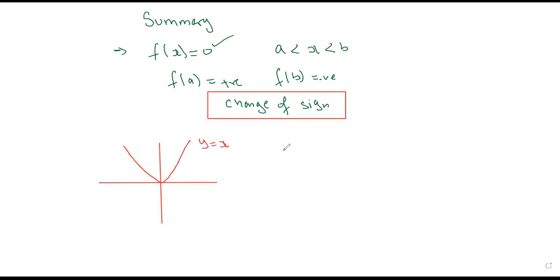So if this is y equals x squared, the graph for y equals x minus 1 whole square would move to which side, Ranjani? To this side, to the right side, or to the left side? To the left side. To this side?